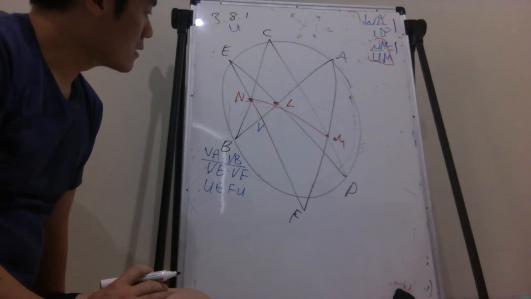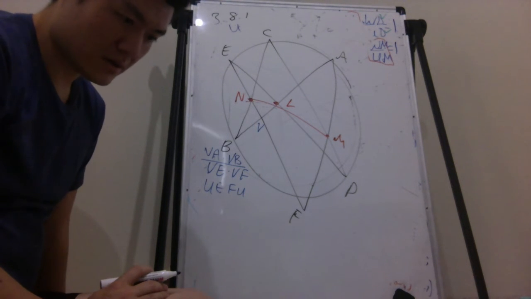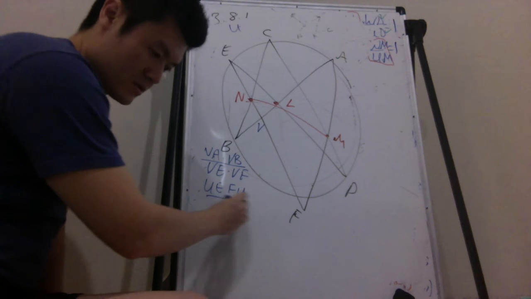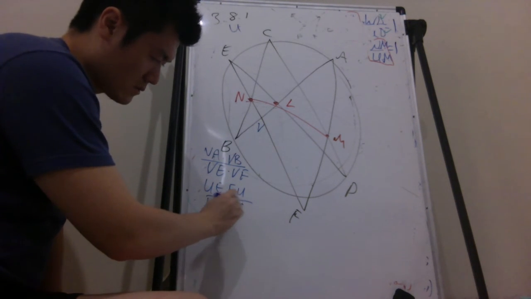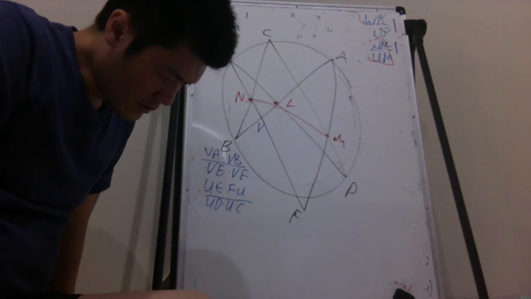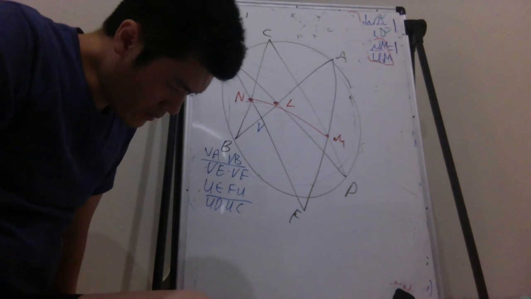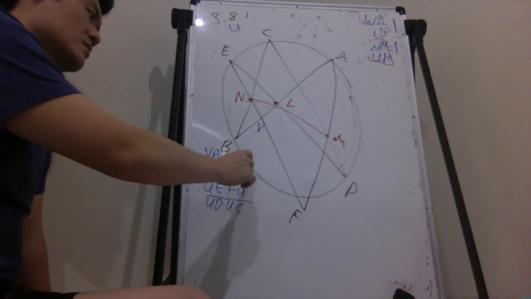U E F U and U C U D, U D U C. Okay. So the F appears once on the top and once on the bottom.